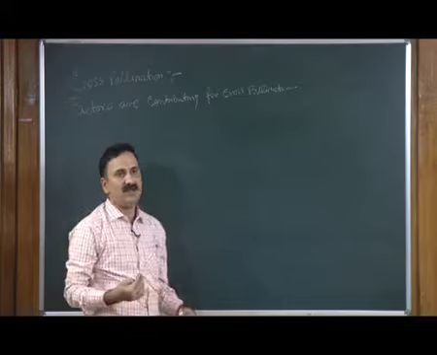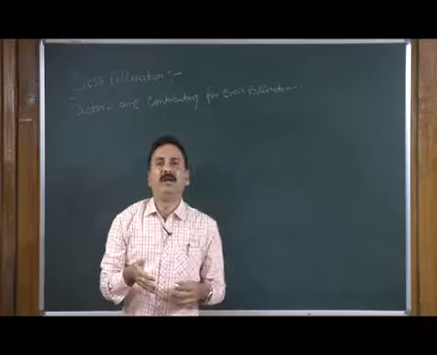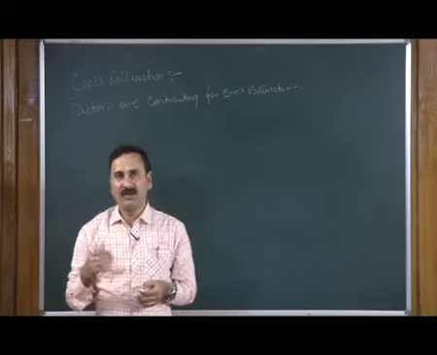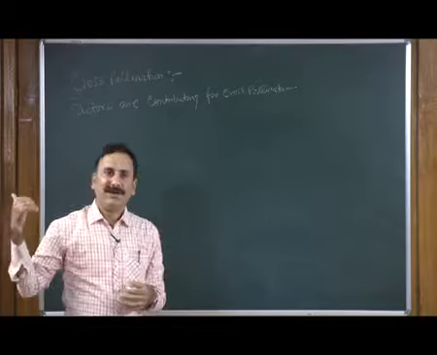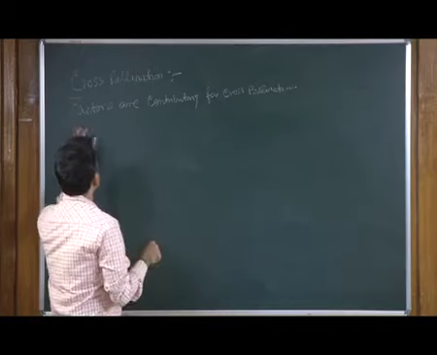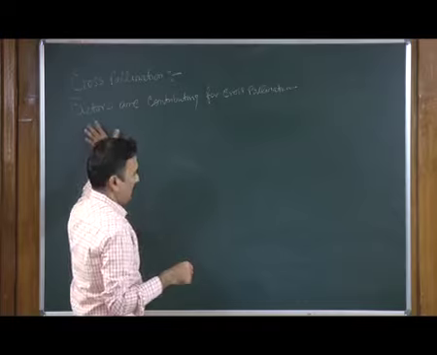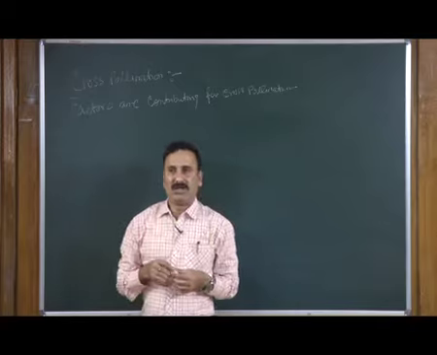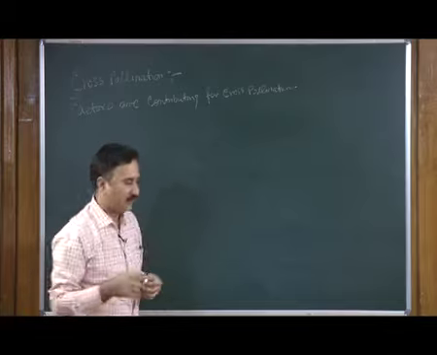Because you can easily ask, if the plant has the choice to go for self pollination or cross pollination, why will it go for cross pollination? Cross pollination means being dependent on some agent to carry the pollen grains. Even then, there are several factors which do not allow the plants to go for self pollination, and in those cases plants have no choice but to go for cross pollination.